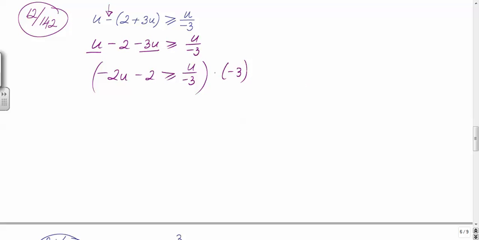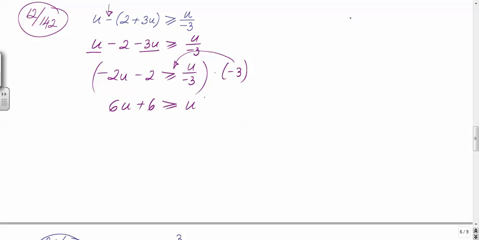So I have negative 3 times negative 2u, which will make positive 6u. Then I have negative 3 times negative 2, which will make a positive 6. Now be careful, because you're multiplying by a negative number, your inequality sign switches, right? We talked about this in class, why this happens. Negative 3 times u over negative 3 will be just u, right?